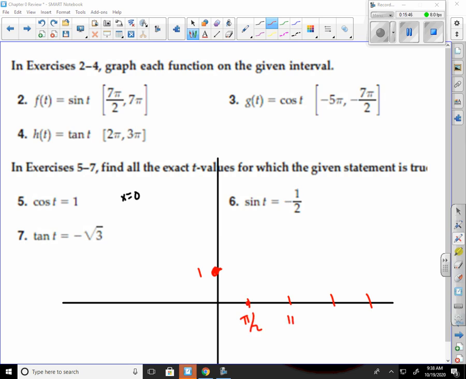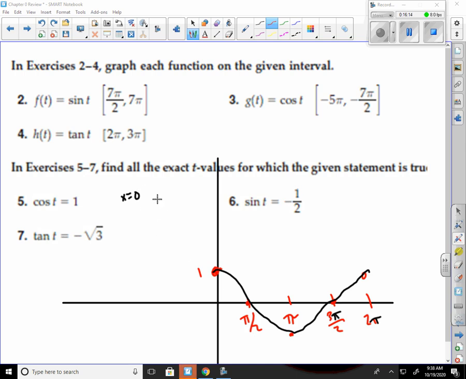At pi, it's at -1. At 3 pi over 2, it's back to 0. And at 2 pi, it is back up to 1. So I kind of have this shape. Notice I said kind of have that shape.